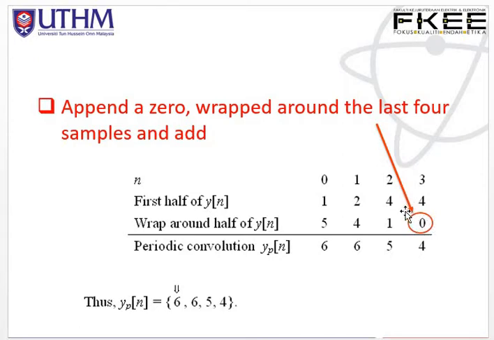So the last one doesn't have a value, so you append a 0, wrap around the last 4 samples and add. So you add up 5 plus 1, 6. 4 plus 2, also 6. 1 plus 5 is 6. 0 plus 4 is 4. So this answer, we call it the periodic convolution, yp[n]. This is the final answer of the periodic convolution, in which the question said that N is equal to 4.